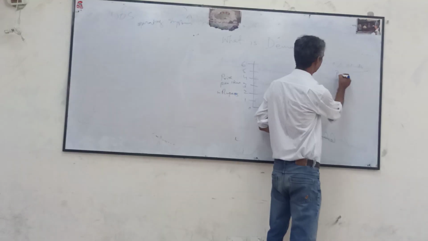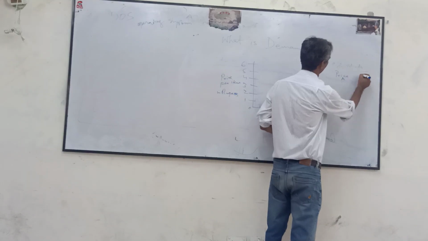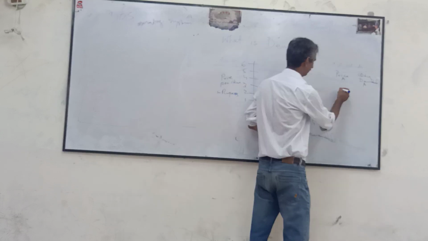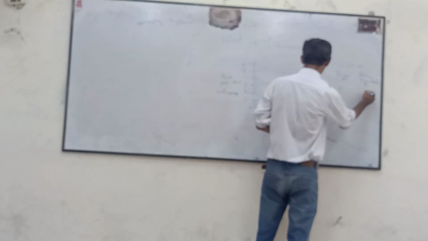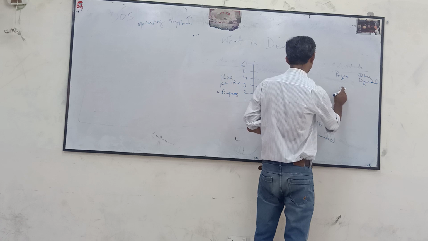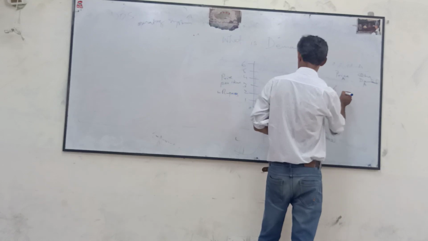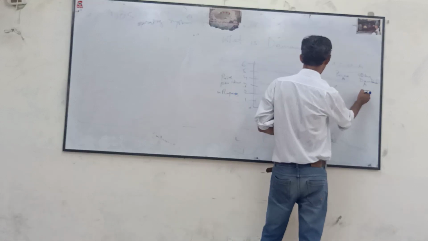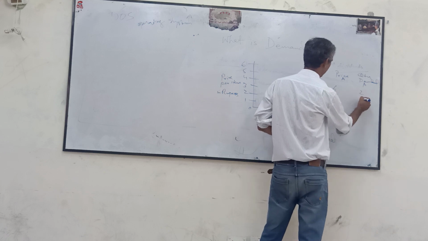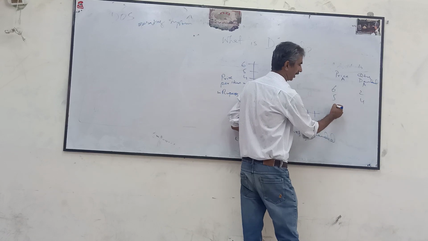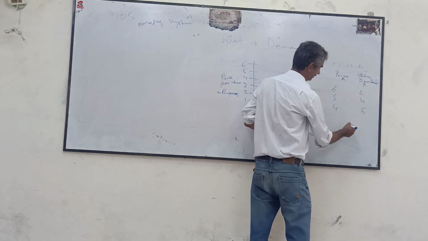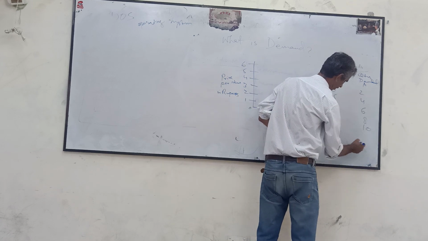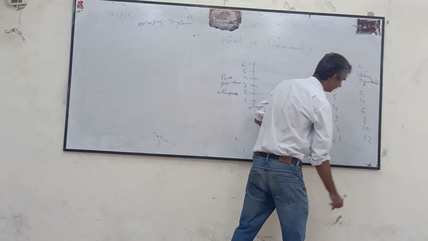Suppose this is the graph: the price of A and the quantity demanded of A. When the price is 6, the person is buying 2; the price is 5, buying 4; the price is 4, buying 6; the price is 3, buying 8; the price is 2, buying 10; the price is 1, buying 12.